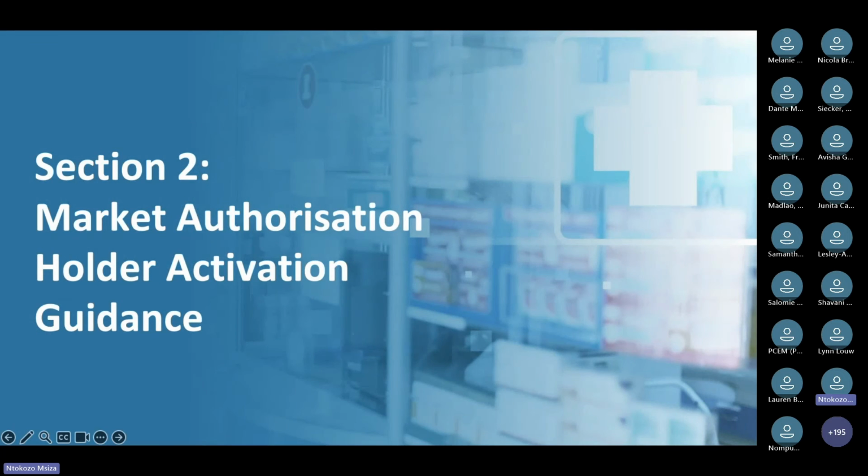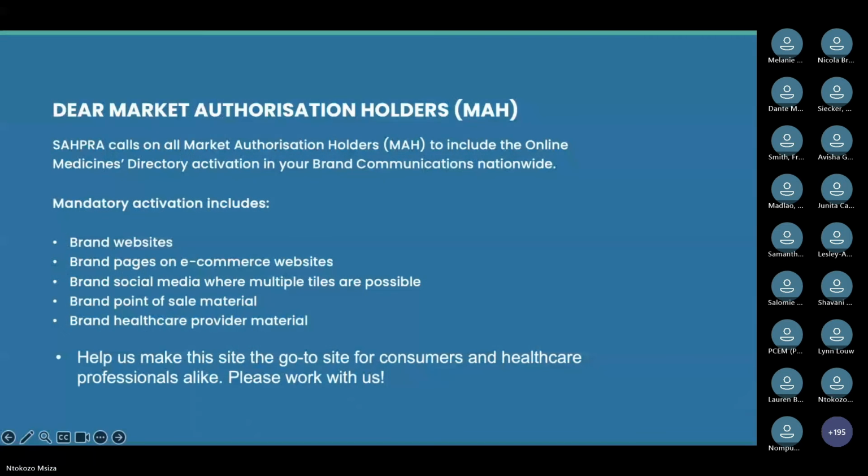All right, section 2 covers market authorization holder activation guidance. This is addressed to all the market authorization holders. SAHPRA calls on all market authorization holders to include the OTC directory activation in your brand communications nationwide.